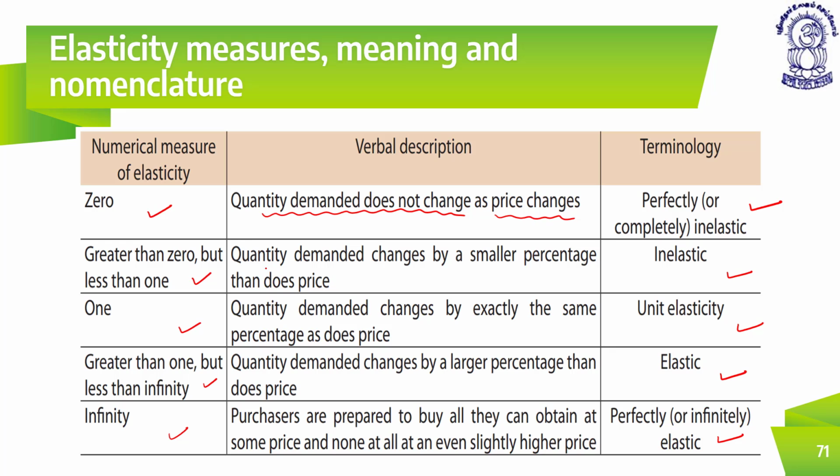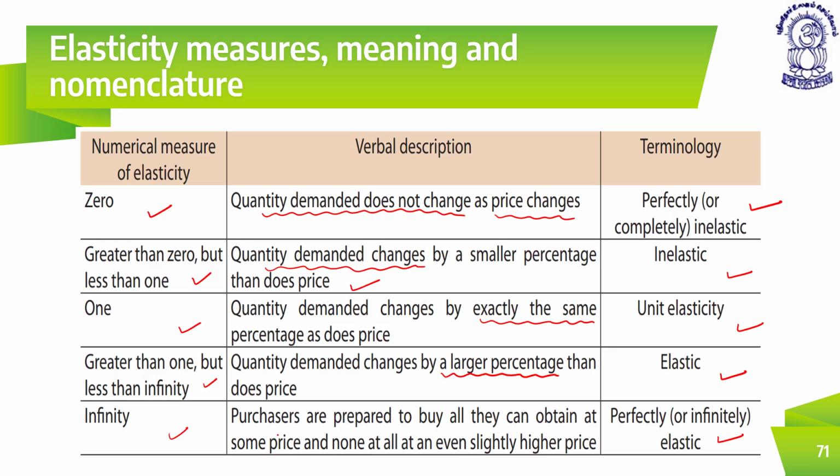Greater than 0 and less than 1, quantity demanded changes by a smaller percentage than the price. At 1 it is exactly the same. Greater than 1, as compared to price, the quantity demanded changes by a larger percentage.